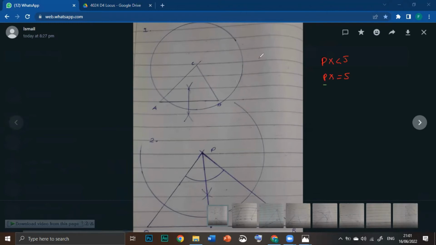How will we interpret this PX is equal to 5 in terms of locus? Sir, circle of radius 5 from P. Yes, the distance of X from P is always 5.